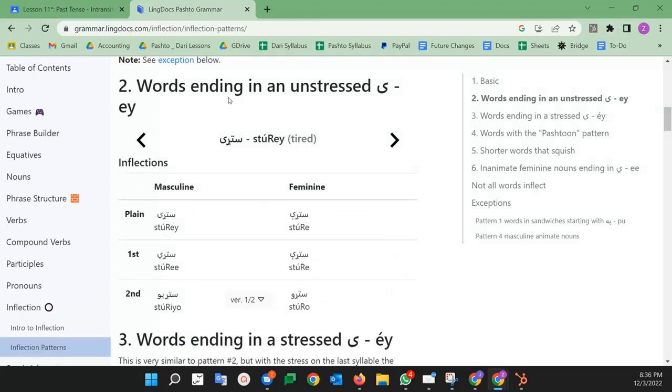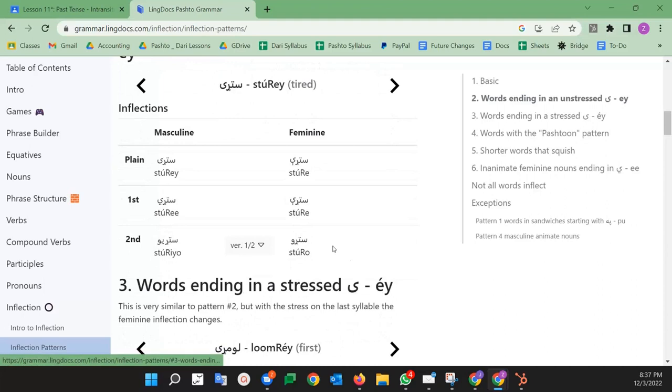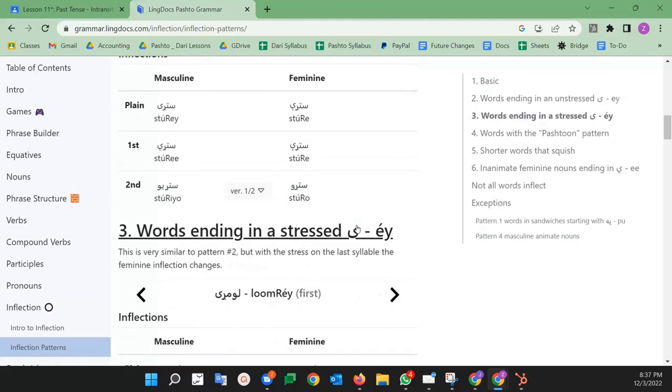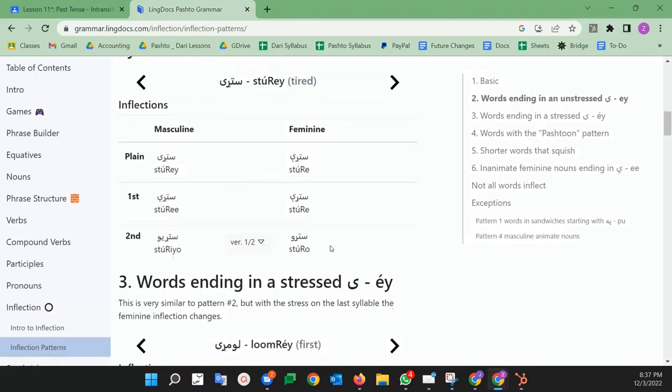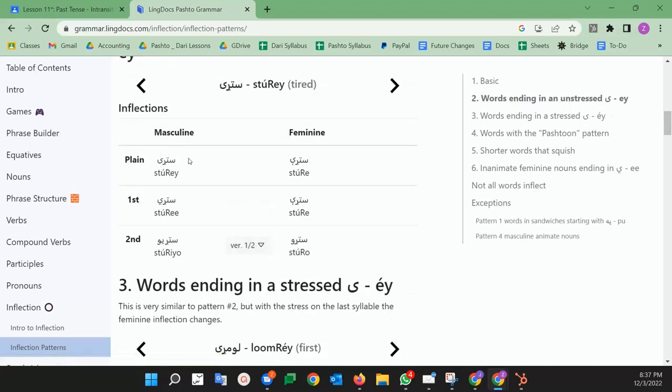Then the second is words ending in an unstressed I, or EY. The reason we're contrasting unstressed with stressed is that next there'll be EY with stress. The good news is that the masculine is pretty easy. You know Sarai, Sari, Sario.